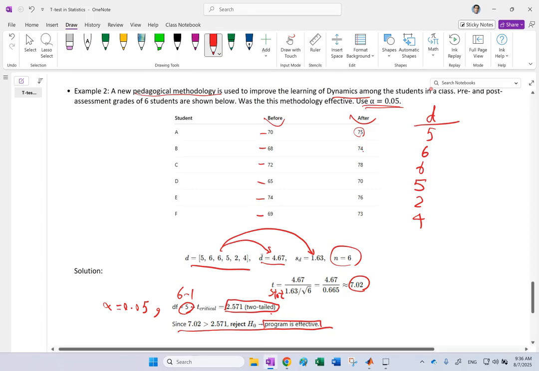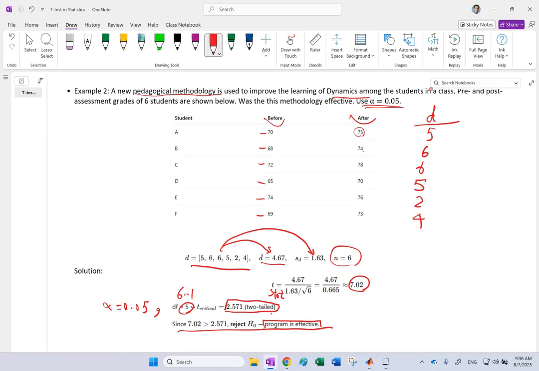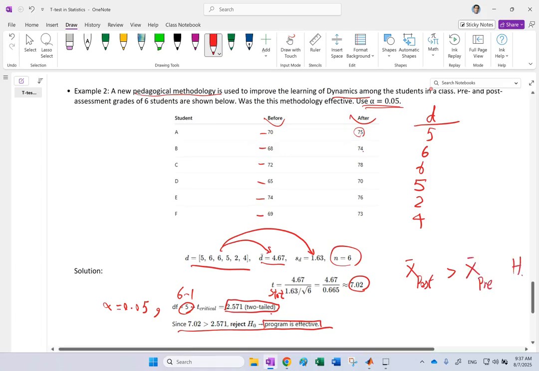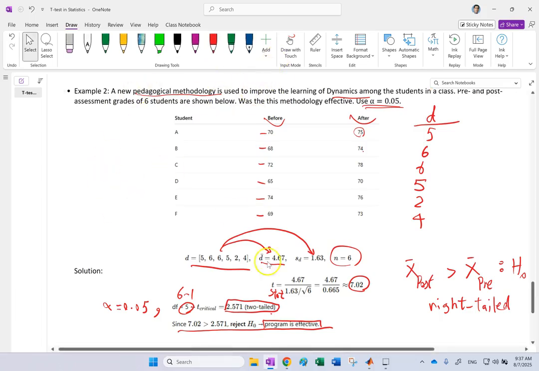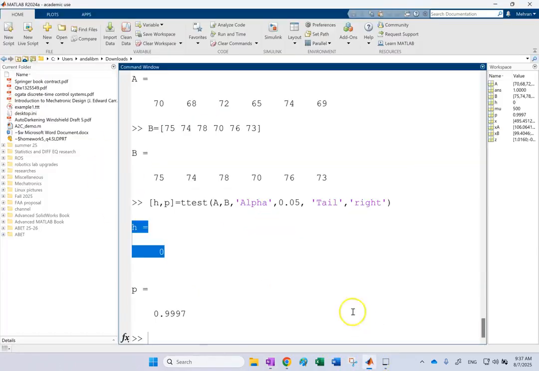Now, if you want to say that it was effective, it means it improved the grades, you have to say that the average of the post data is bigger than the average of the pre data. That should be your alternative hypothesis, and clearly this is a right tail t-test as opposed to a two-tailed. So here I have done that right tail for you in MATLAB.